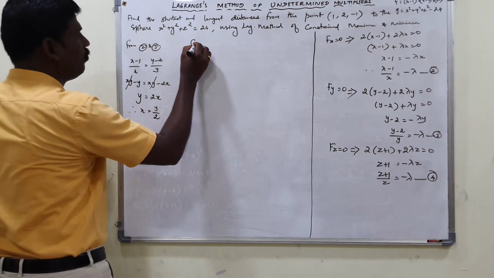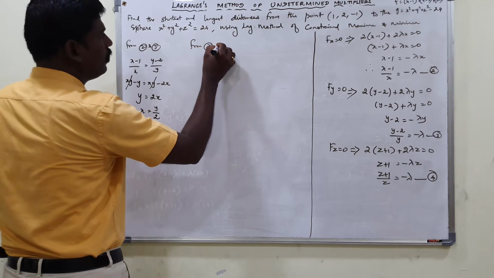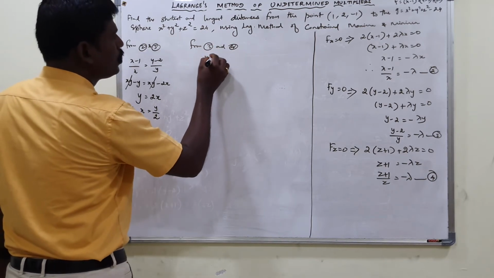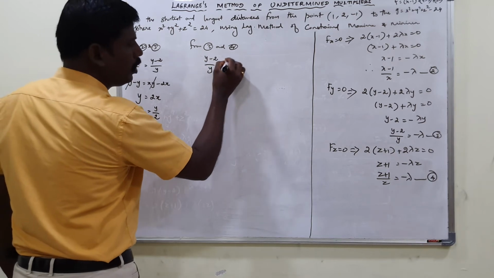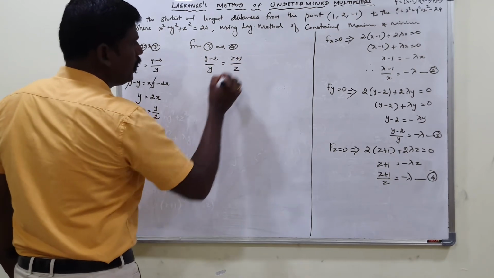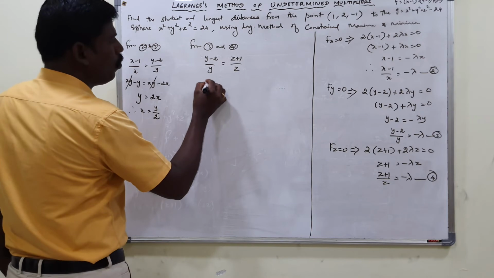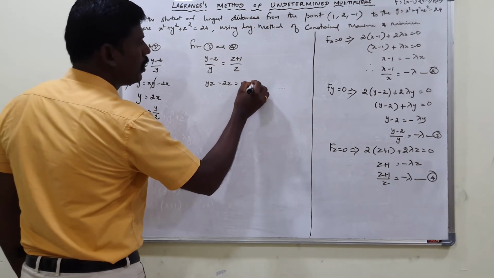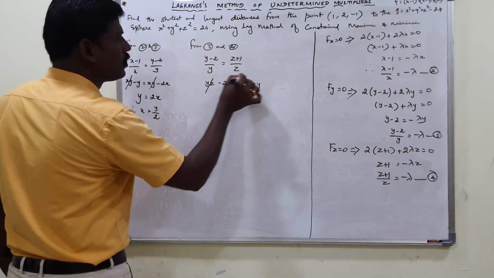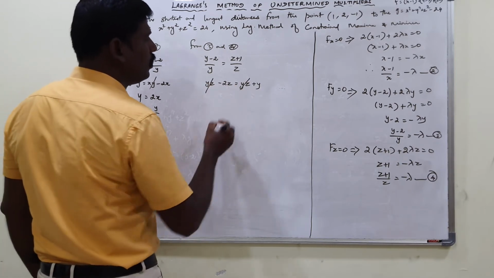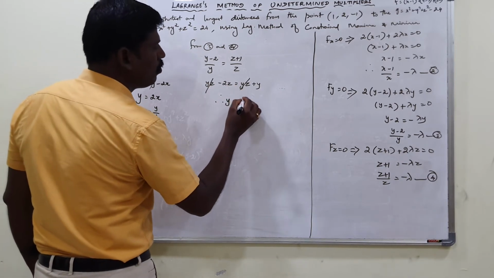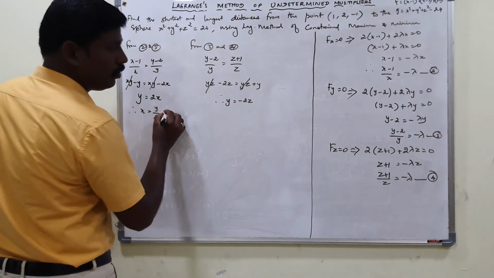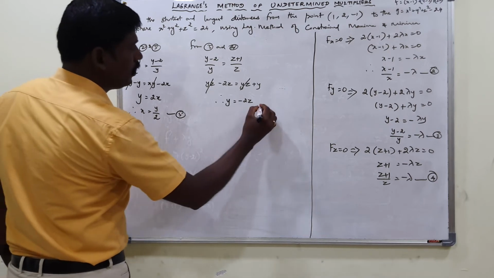Same like that from 3 and 4, what you will get? Y minus 2 by y equal to what? Z plus 1 by z. Taking cross multiplication, yz minus 2z equal to what? Yz plus 1. You can cancel yz on both sides, isn't it? Therefore, what is y? Y is equal to minus 2z. Okay? We call it as equation number 5. This is 6.